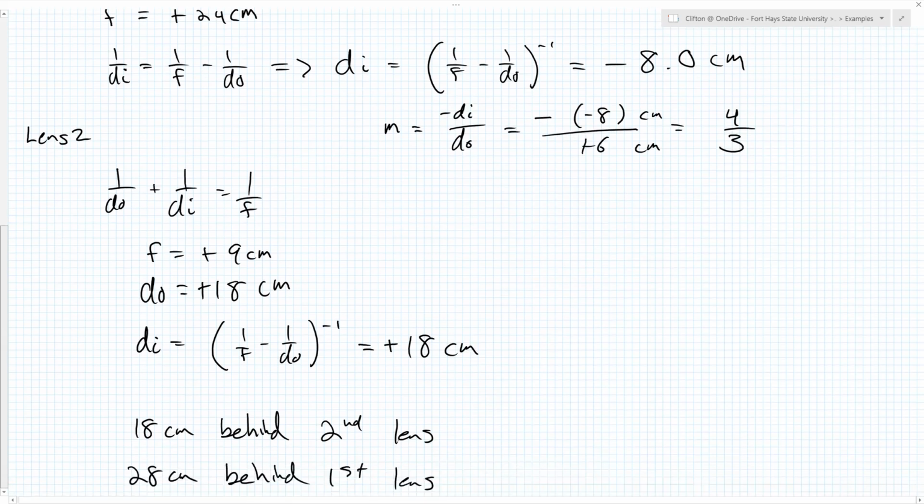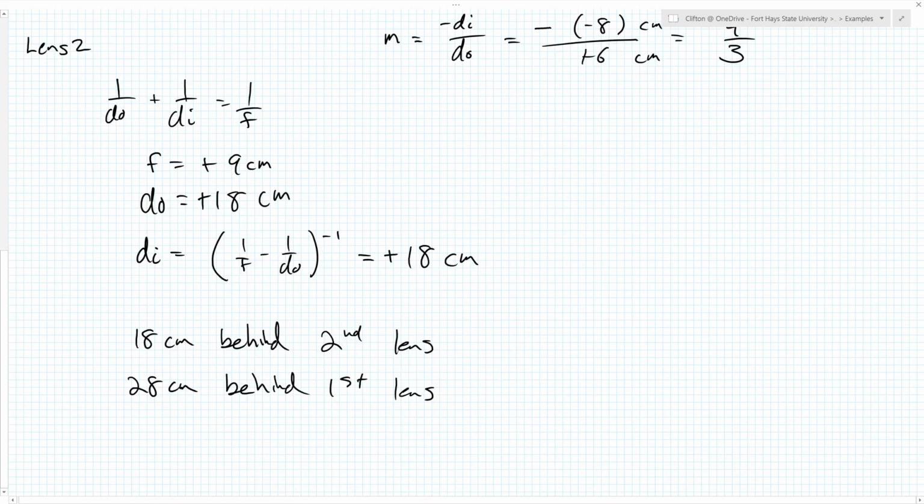We need to calculate the magnification for the second lens now. So the magnification is going to be negative di over do. And that is going to be negative 18 centimeters over the object distance here, which was 18 centimeters. So that gives us a -1.